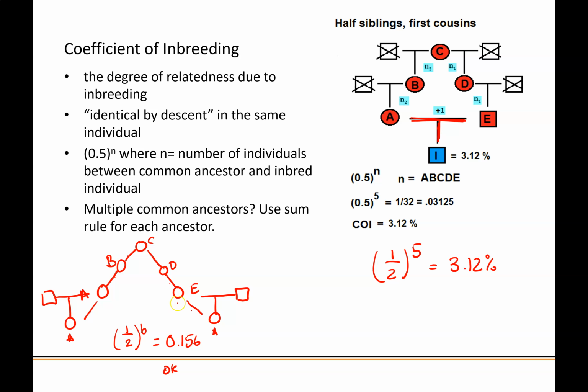So if these individuals have a child outside, they have a 1.6% chance of their children being identical by descent. But if they have a child together, they have a 3.2% chance of their children being identical by descent. So you can see that there is basically twice the chance of this individual inheriting a deleterious allele. And actually, if individuals are too closely related, you can see the effects almost immediately.